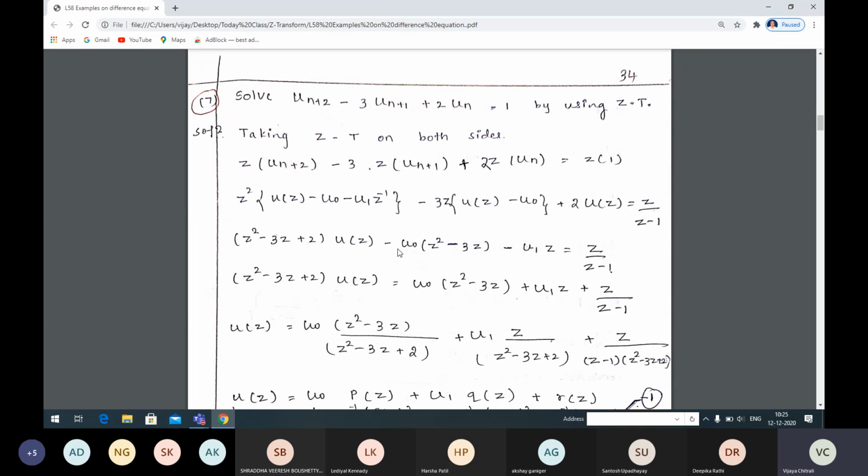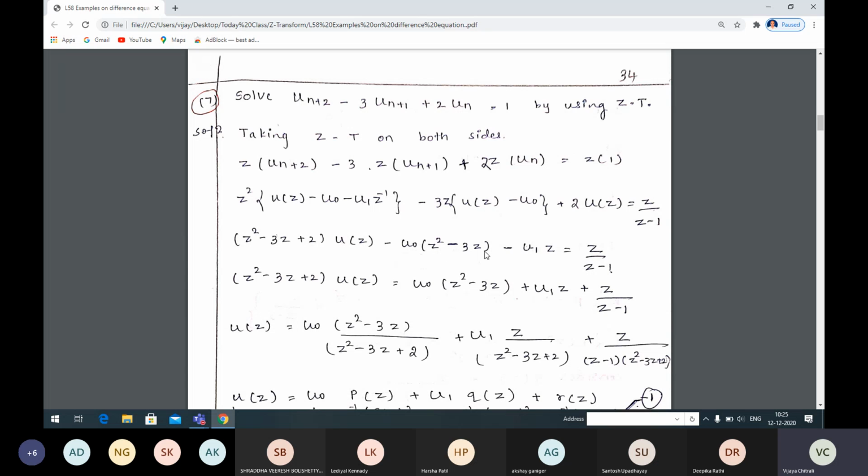Minus, collect the coefficients of the u naught term. Take minus u naught outside. Inside, the coefficient in the first term is z square, and in the second term it will be minus 3z, since we have taken minus outside.